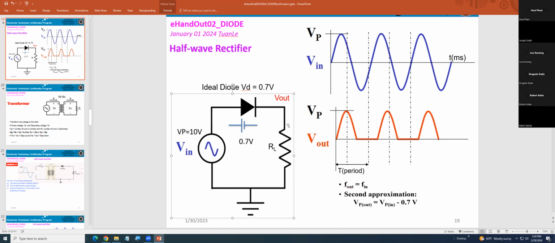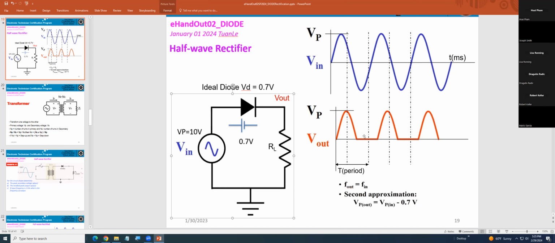Now, if you get a negative input here, that means minus 10. The thing is we picked 10 volts, positive 10 and negative 10. So here it will be 10, and here it will be minus 10. When minus 10 is in here and the diode is reverse biased, that means no diode here, it's open.